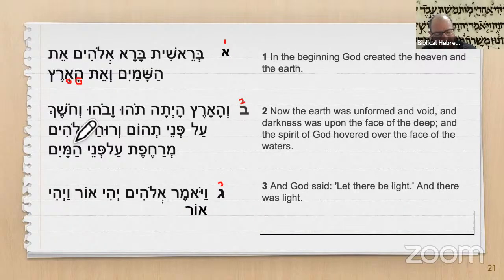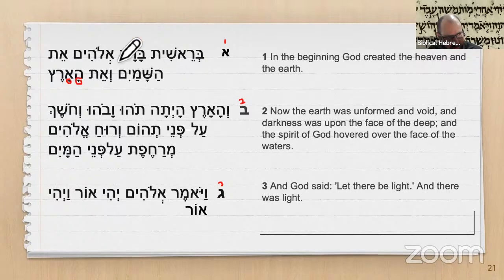So this is the right biblical pronunciation. Elohim marhefet al pani hamayim ve amar Elohim yehi or vehi or. Anyway, so this is what we're gonna end in reading.